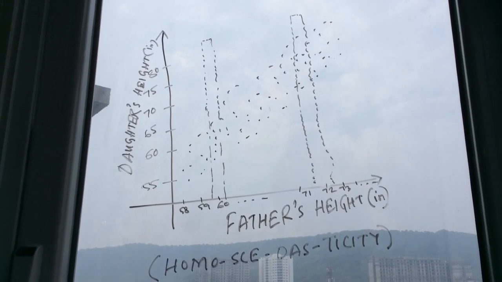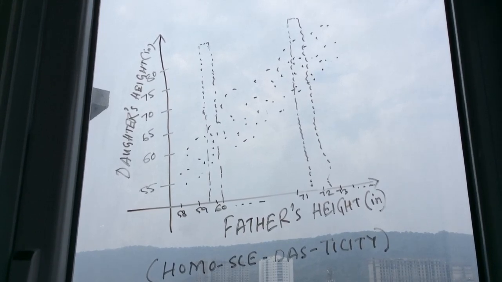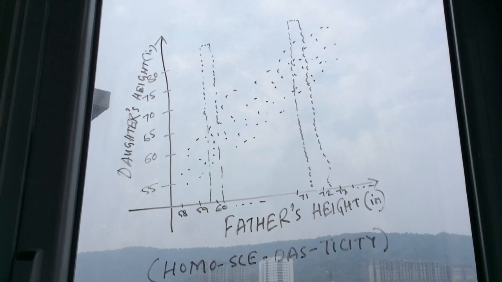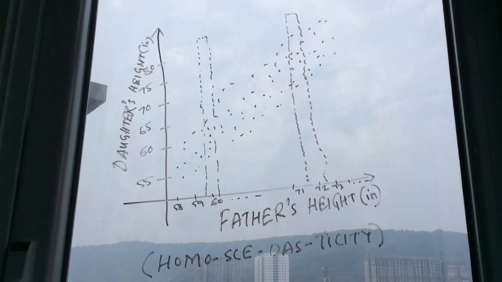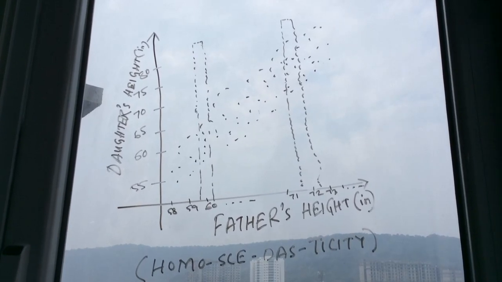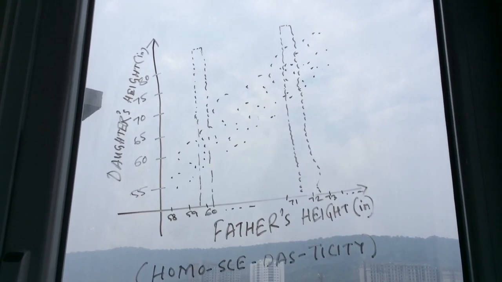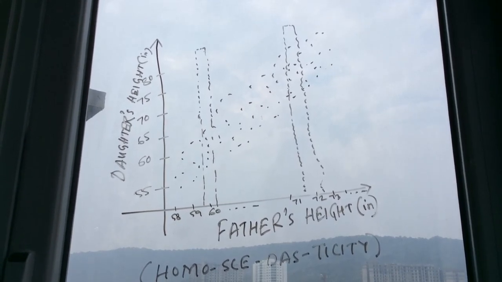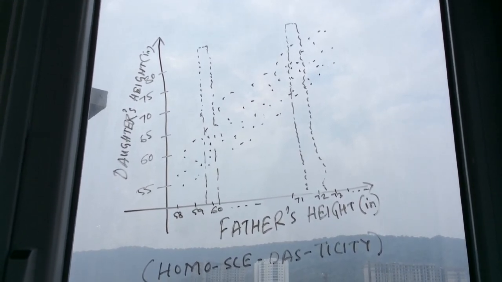And I can see their daughter's height range, say something around 58 inch to say 66 inch. Similarly, I have some other fathers who are quite tall, 6 feet, say 72 inch, and I have measured their daughter's height as well, and say they also range between say 72 inch to say 77 inch.